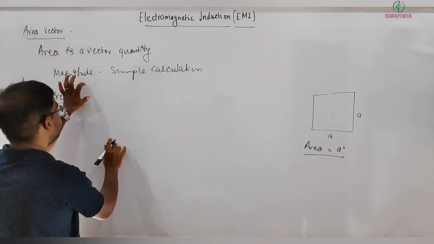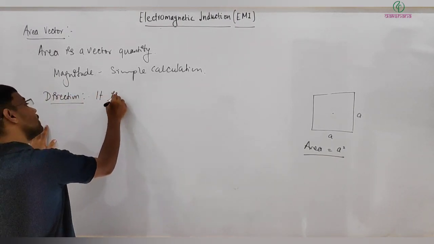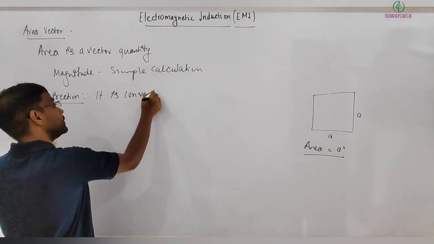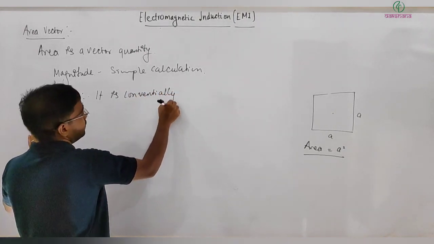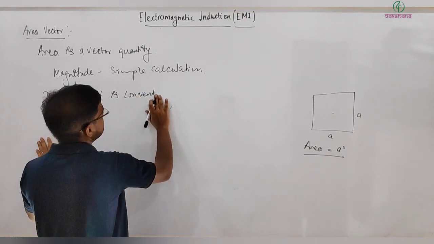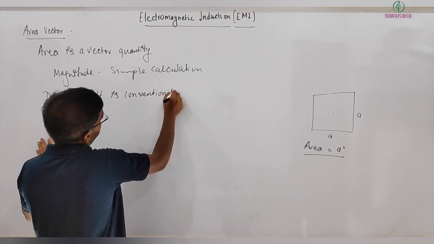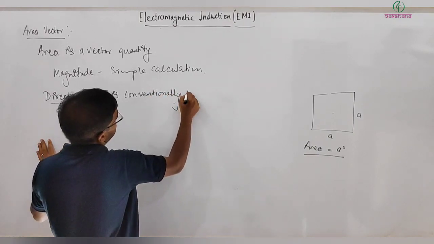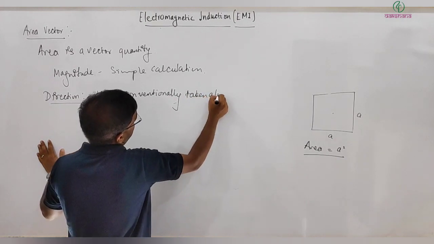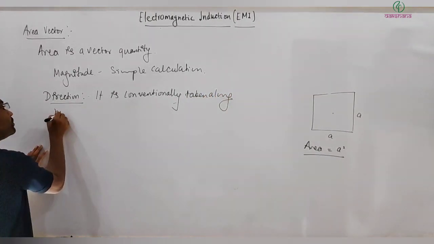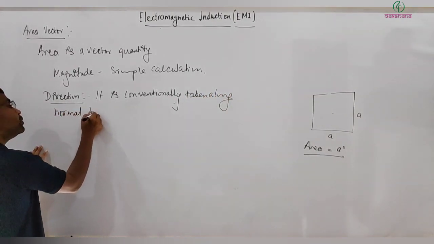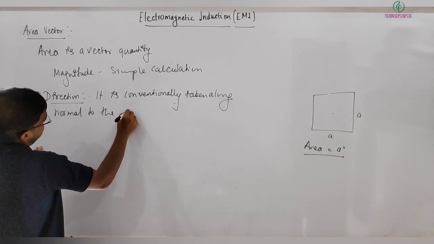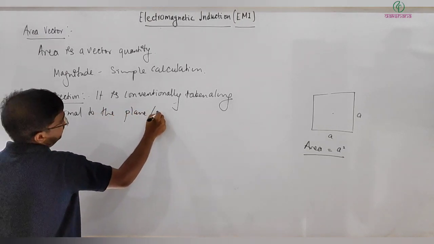The direction of the area vector is conventionally taken along the normal to the plane or area.